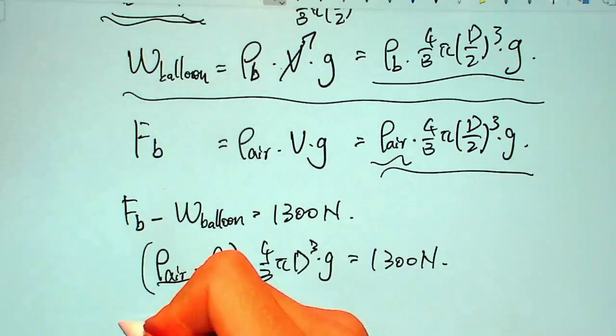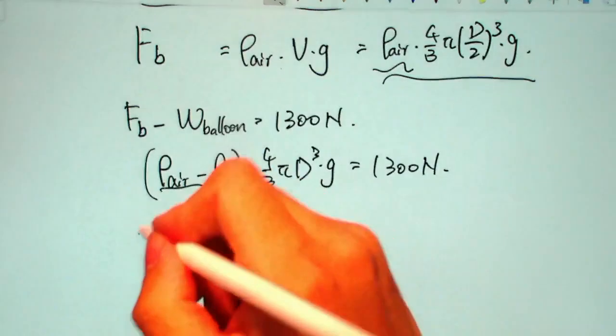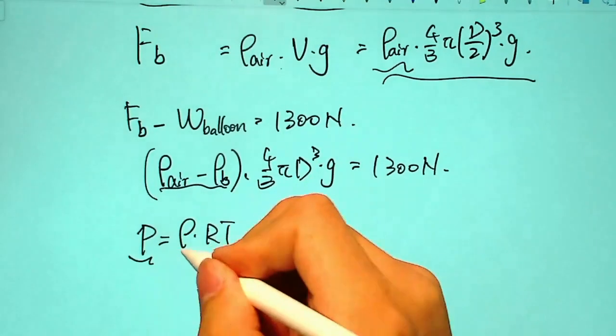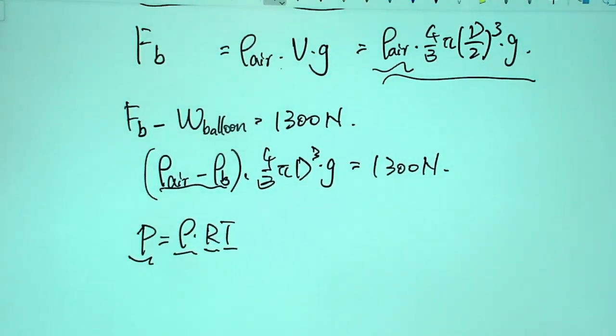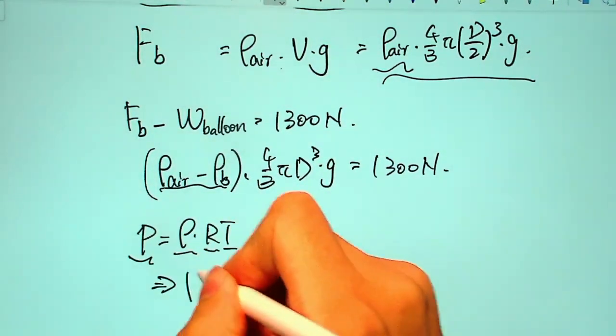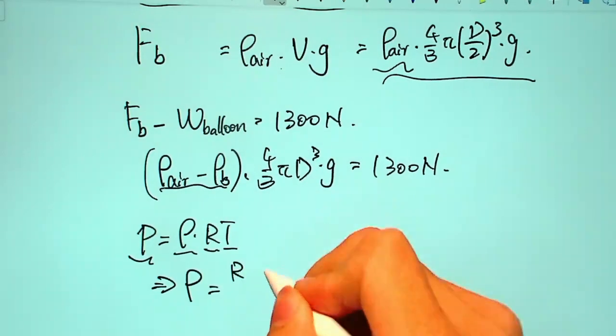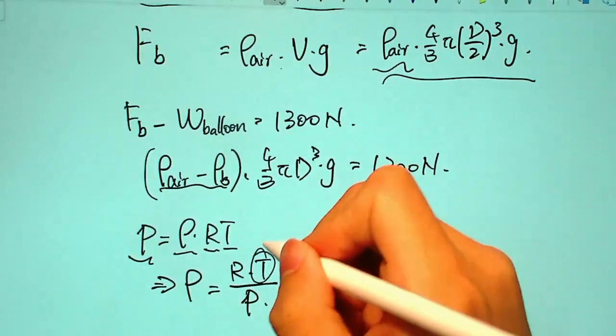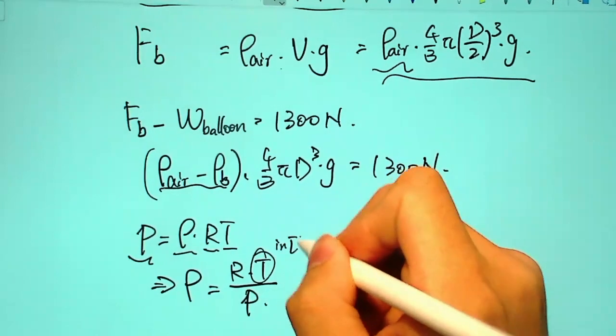So for these two, remember we have the relation P equals rho RT. So it's pressure equals density times a constant times temperature. That means density equals pressure divided by a constant times temperature. This one should be in Kelvin.